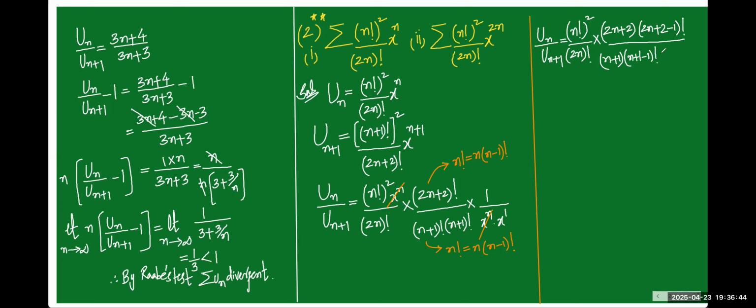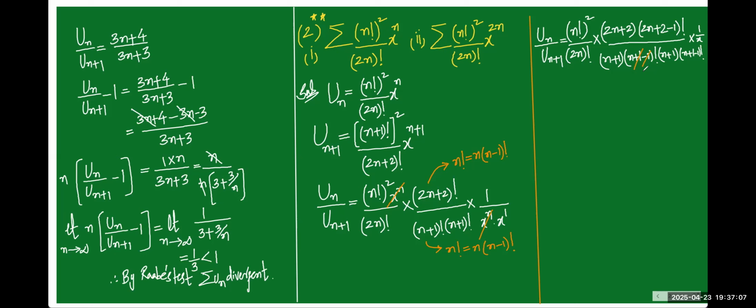Similarly again n plus 1 into n plus 1 minus 1 factorial into 1 by x is also there. Don't forget that is 1 by x. Now again, so many terms are cancelled. If you notice, what happened here is plus 1 minus 1 cancel. What's left here?